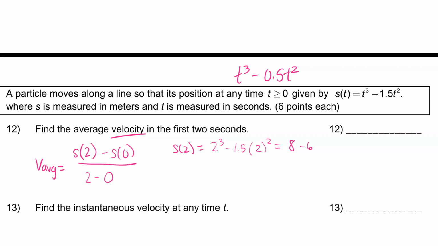So 8 minus 6 is 2. S of 0 is 0, because all of these have t's in them. So if I plug in the numbers, I get 2 minus 0 over 2 minus 0, so you just get 1. That one was really easy.